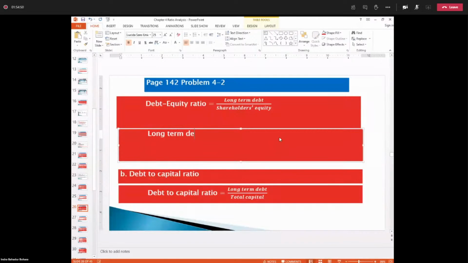Long-term loan is 1 lakh rupees, and 8% debenture is given as 80,000 rupees. 1 lakh plus 80,000 is 1 lakh 80,000.